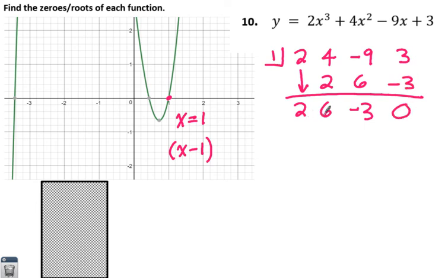And so what this result means, since this is my remainder, this is my constant, that's my x term, and that's my x squared term, means the answer is 2x squared plus 6x minus 3.